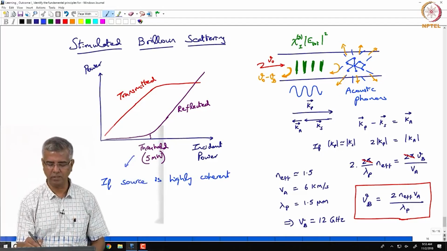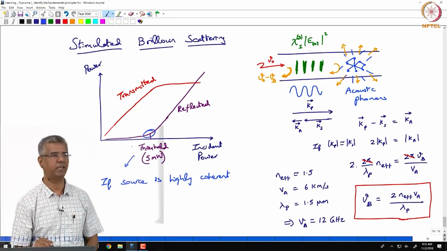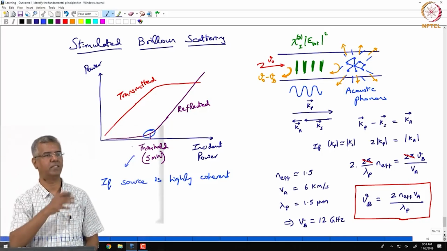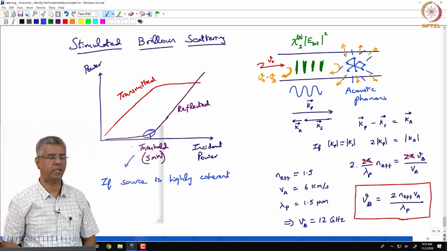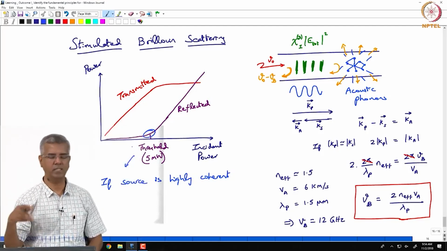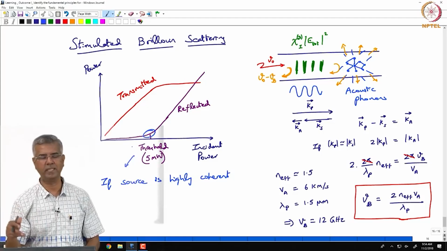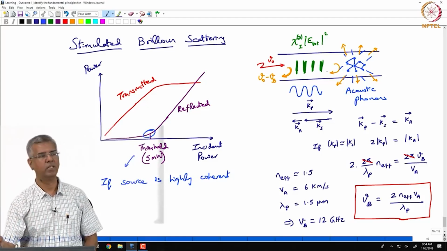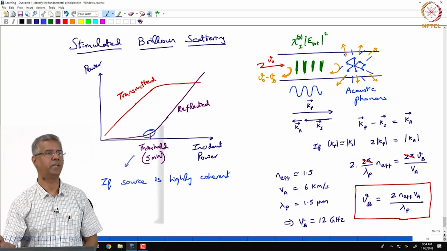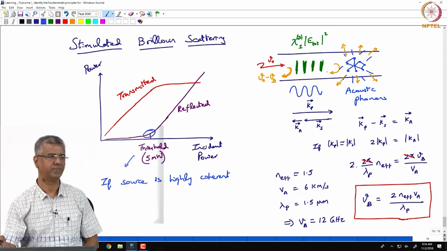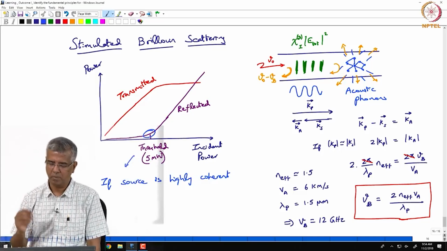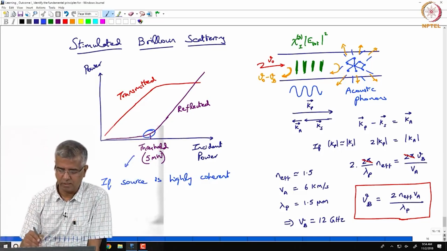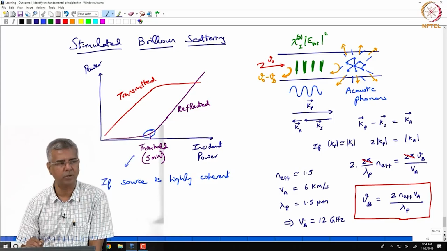So only beyond this power level, you have that backscattering happening in a very strong manner. In that case, it's stimulated: that backscattering is stimulated by your regular spontaneous scattering. That's why it's called stimulated Brillouin scattering. But nevertheless, this is a threshold if it's highly coherent.